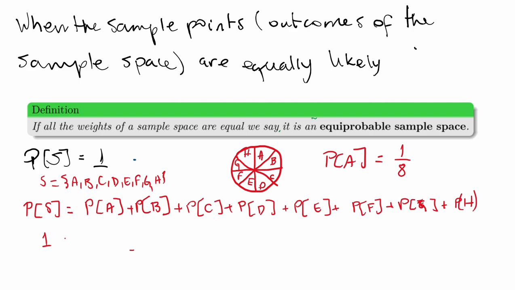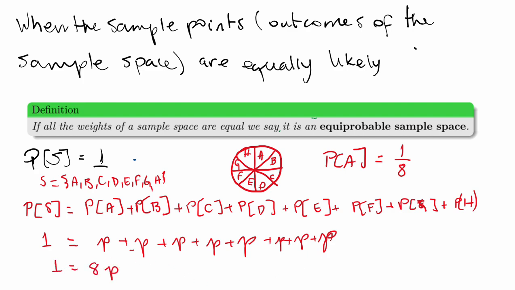So let's say that this probability is little p, and it has to be the same for everyone. So it's little p, because they are the same. This is equiprobable: 1, 2, 3, 4, 5, 6, 7, 8. So at the end of the day, I'm left with this: 8 times the individual probability must account for 1. So if you solve this equation, you will get that p is 1/8.